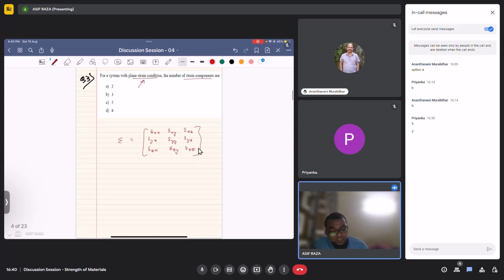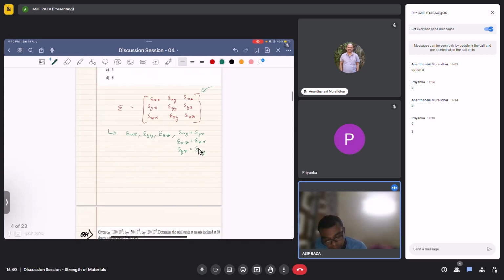If I ask you generally what the number of strain components would be, it's 6: epsilon xx, epsilon yy, epsilon zz. And if you see this, you might see there are 9 components, but effectively it's only 6, because epsilon xy is equal to epsilon yx, epsilon xz is equal to epsilon zx, and epsilon yz is equal to epsilon zy.